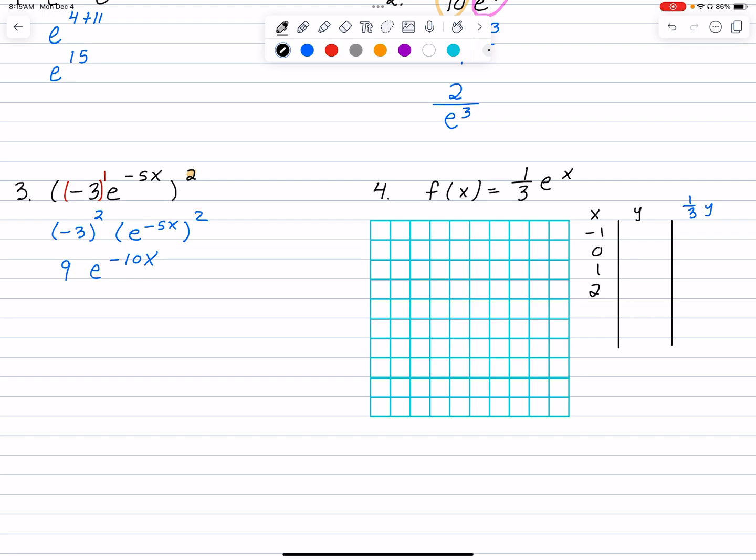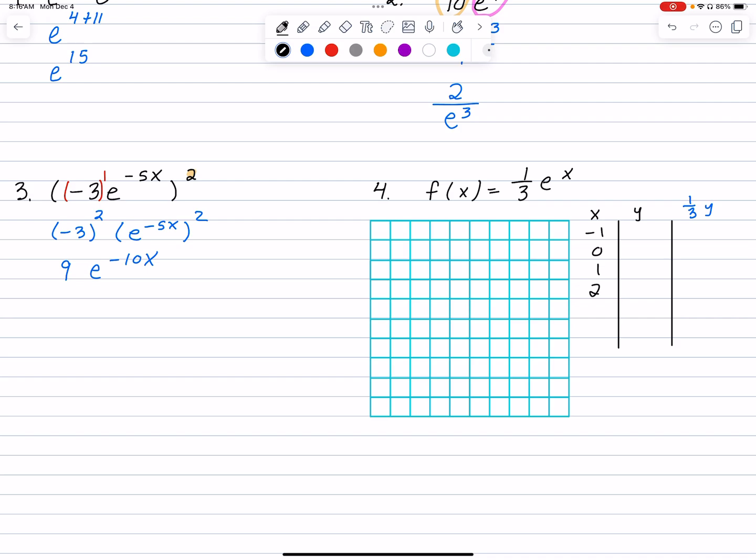So let's see what we got here. When I plug in my values, I'm going to get e to the -1. I was trying to figure out where the e button and the negative button were on my calculator. All right, there it is, -1. Sorry about that.